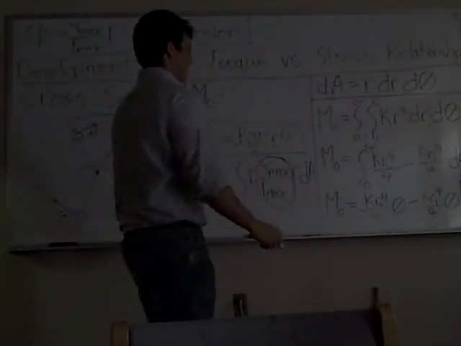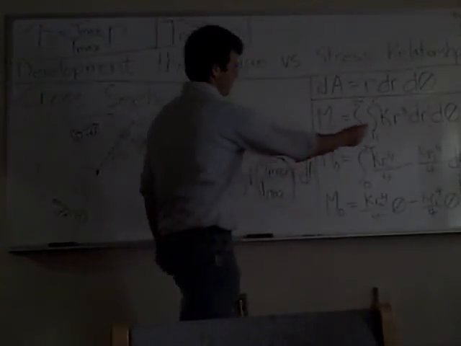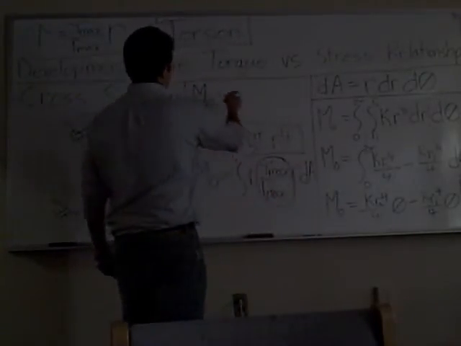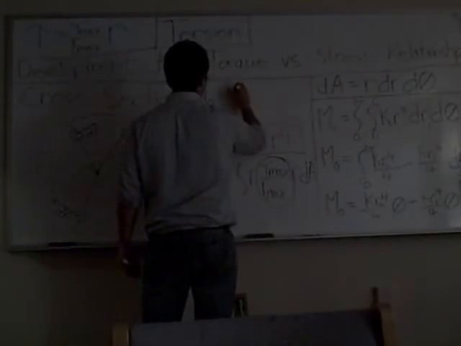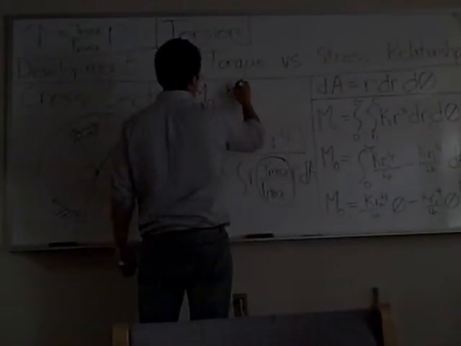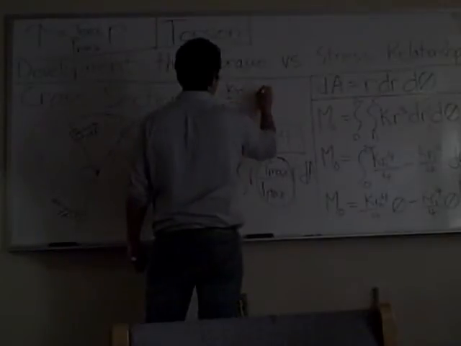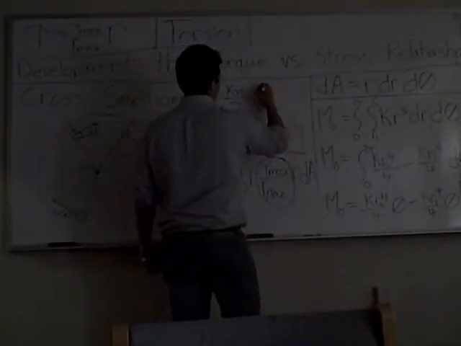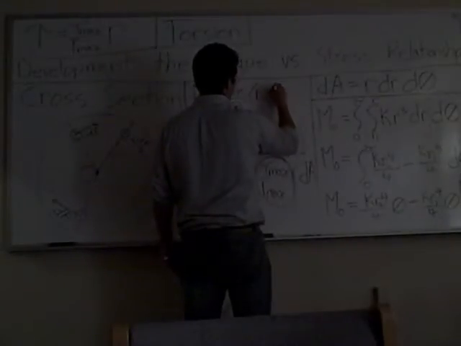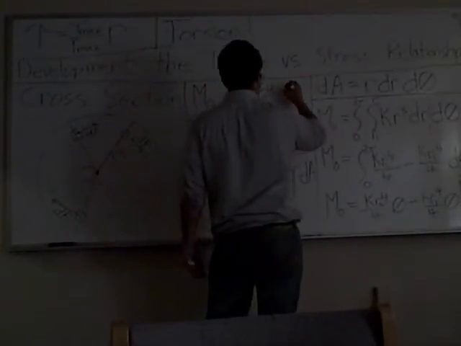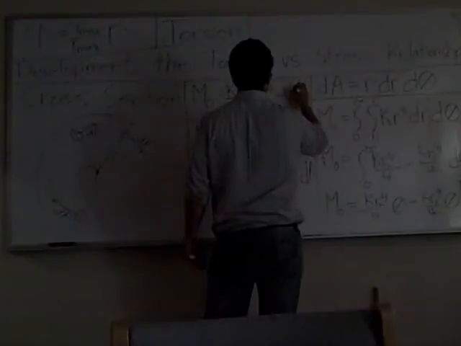Substitute in, and you substitute in and factor out, and you're going to get k pi over 2 times r2 to the 4th minus r1 to the 4th.